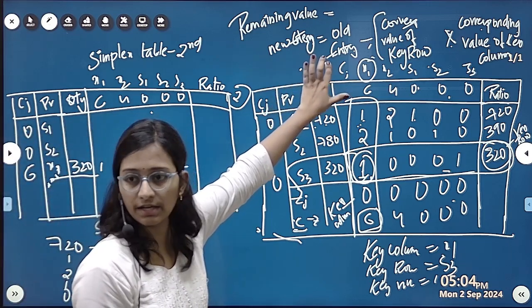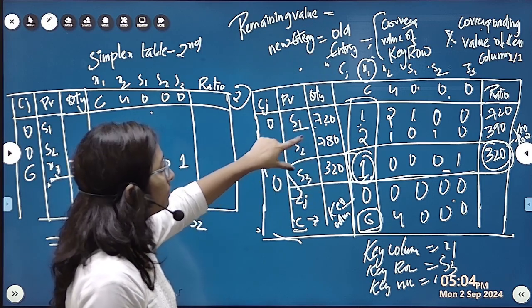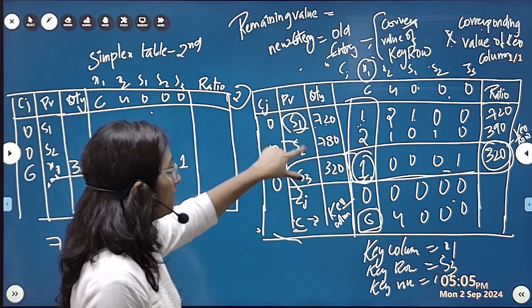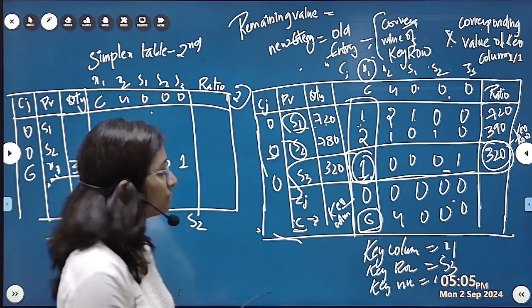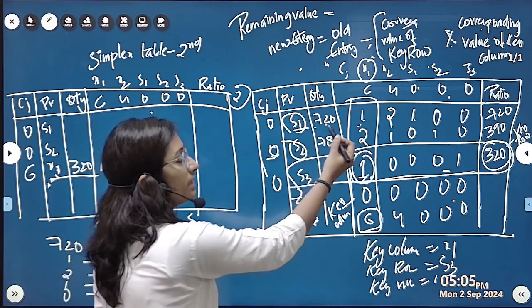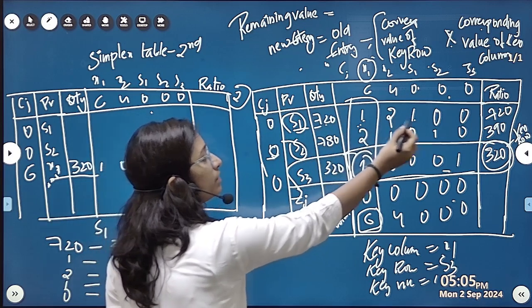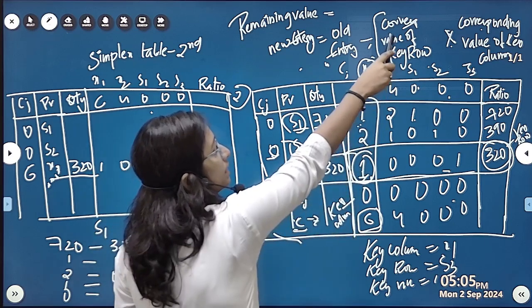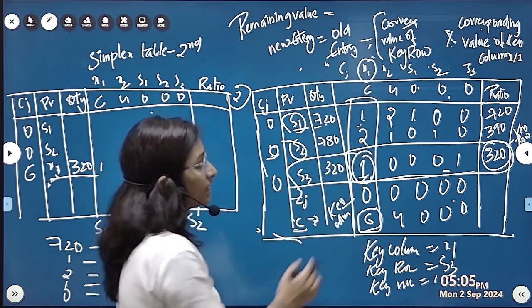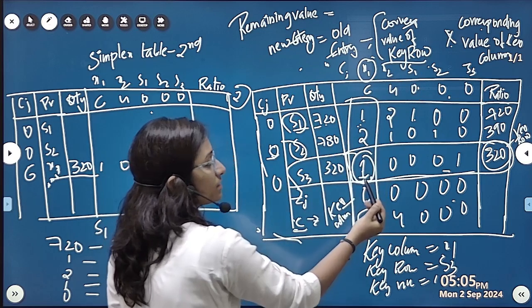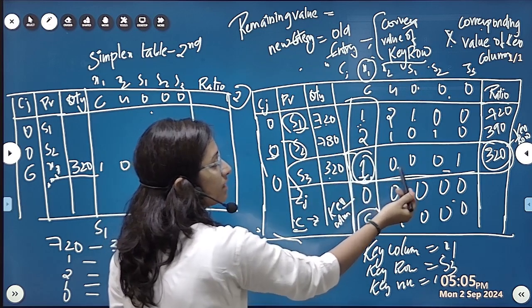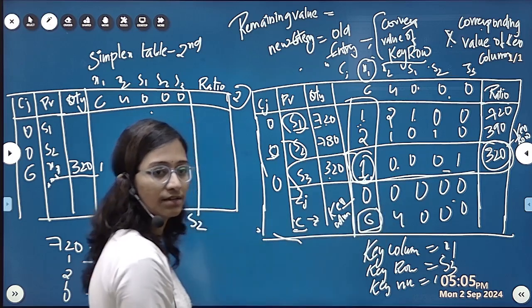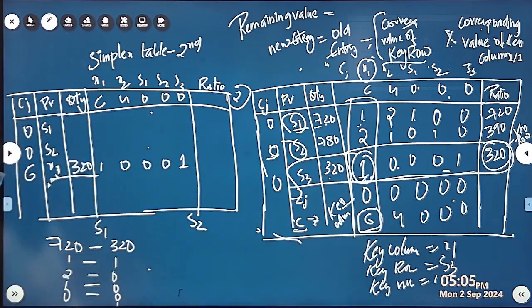We are finding the values of S1 and S2. So what are the old entries? Already they have old entries 720, 1, 2, 1, 0, 0. Okay, next, what are the values of key row? 320, 1, 0, 0, 0, 1, right? So that's what we need to write over here.